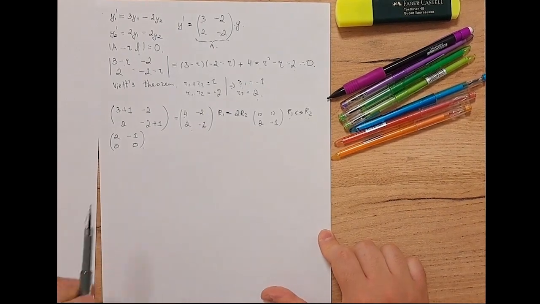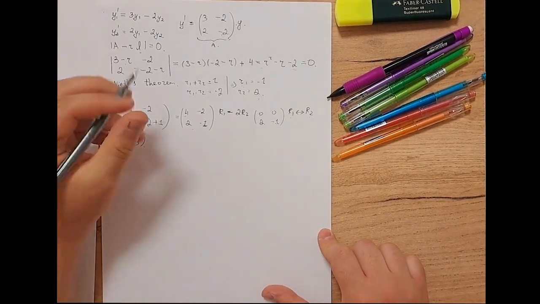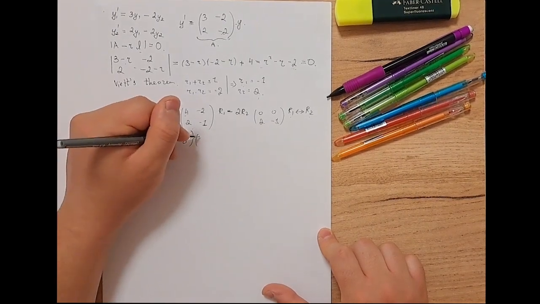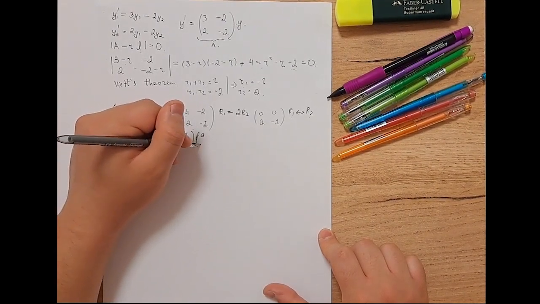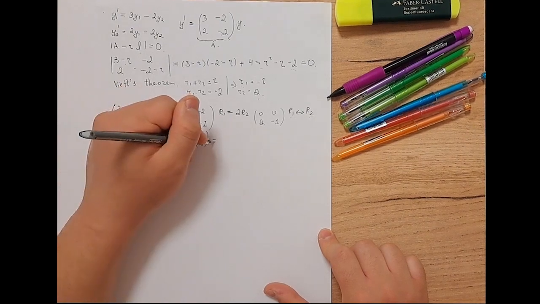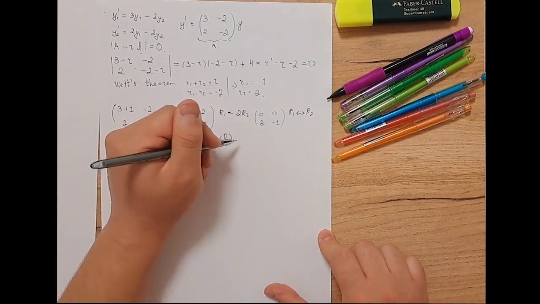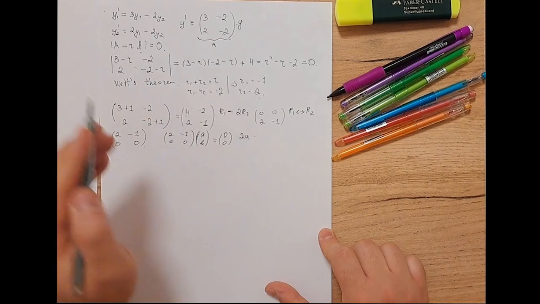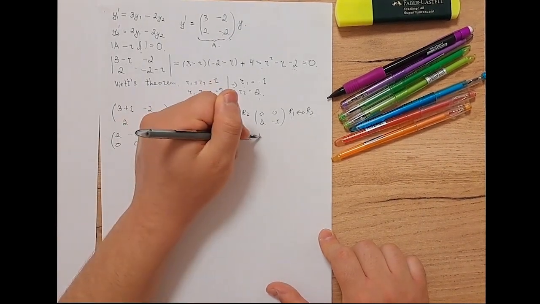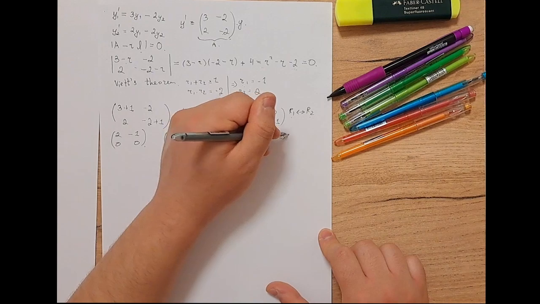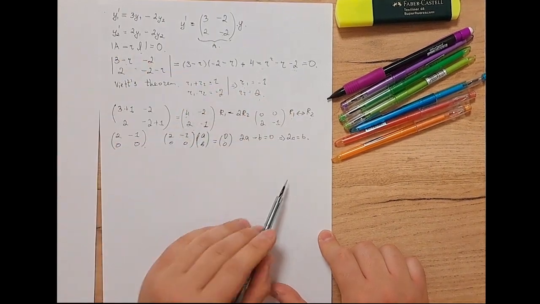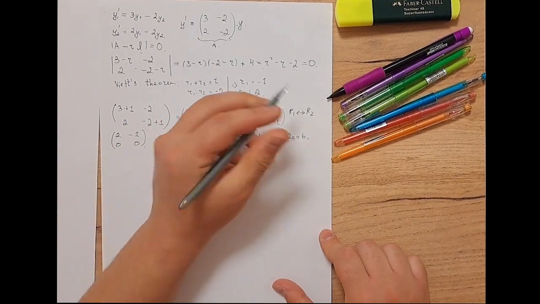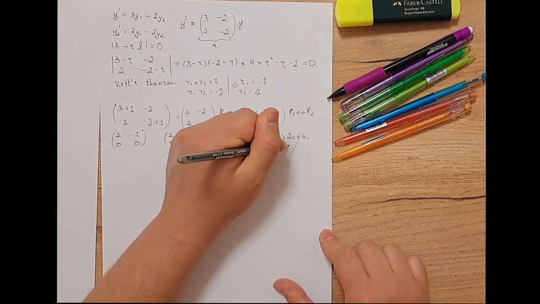And when we swap those two rows, we'll get 2, negative 1, 0, 0. So we can then compute the eigenvectors with the help of this equation. So let's denote the first element A, the second element B equals to 0, 0. So we will have 2A minus B is equal to 0. Then 2A will be equal to B. Okay, now let's choose a value for A. Let's say A is equal to 1.